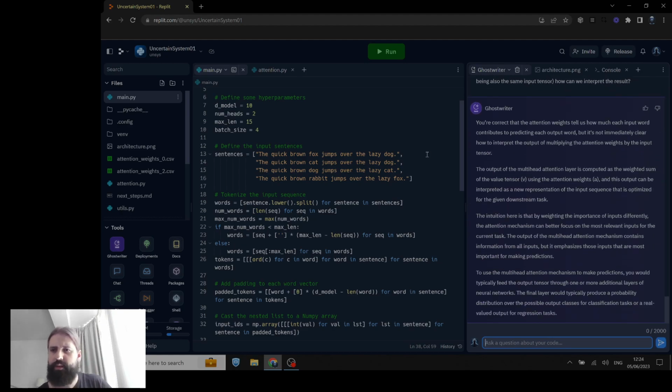The attention weights tell us how much each input word contributes to predicting each output. Okay, wait a second. So maybe what we have to do is we have to actually have a split between input and output.